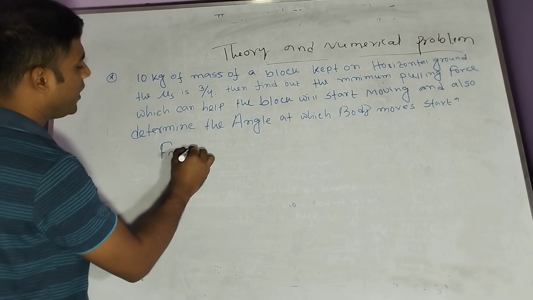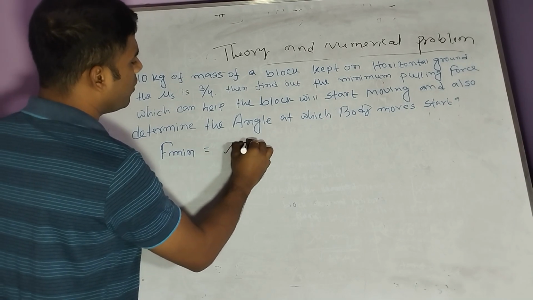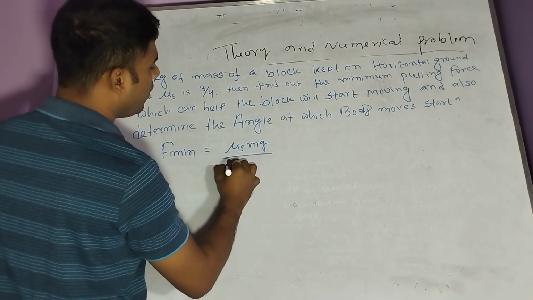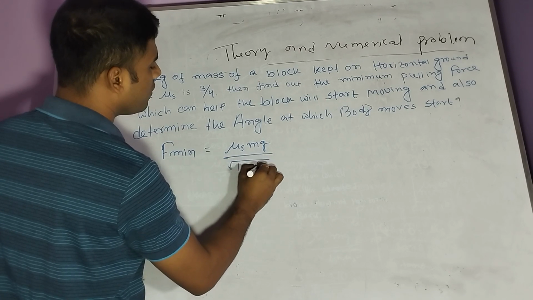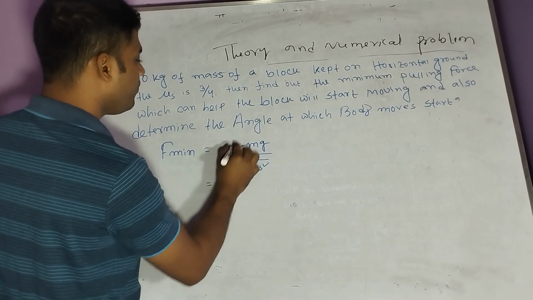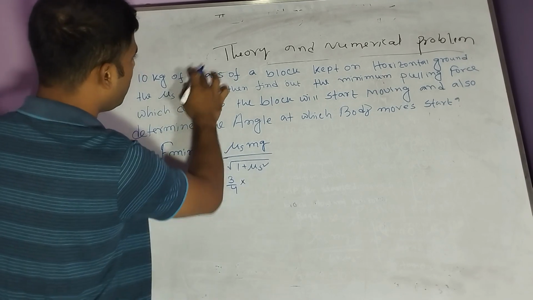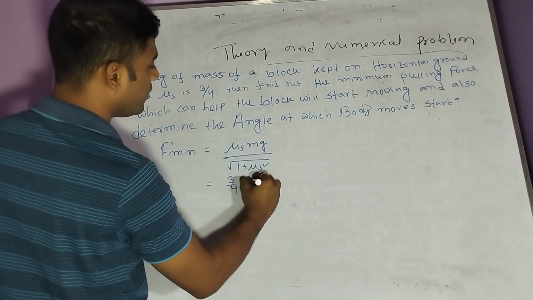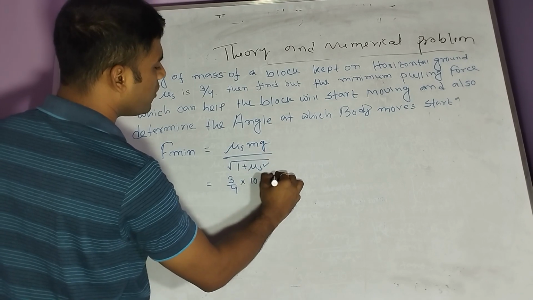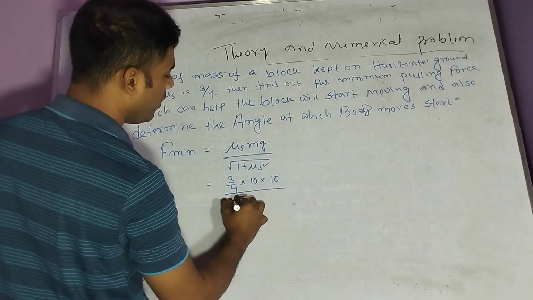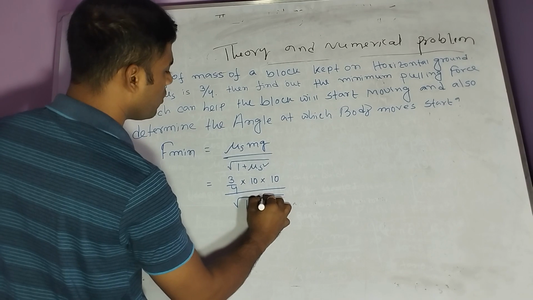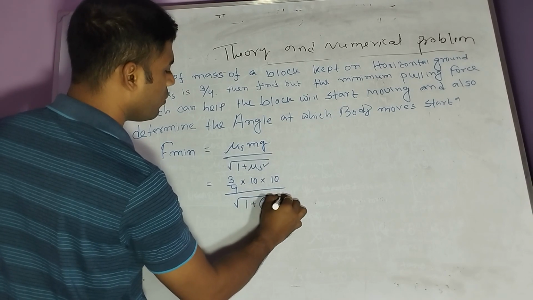F minimum equals mu s mg divided by root over 1 plus mu s square. The data is given: mu s is 3 by 4, the mass of the body is 10 kg, and g is always constant, 10 meter per second square, divided by root over 1 plus mu s, 3 by 4, whole square.